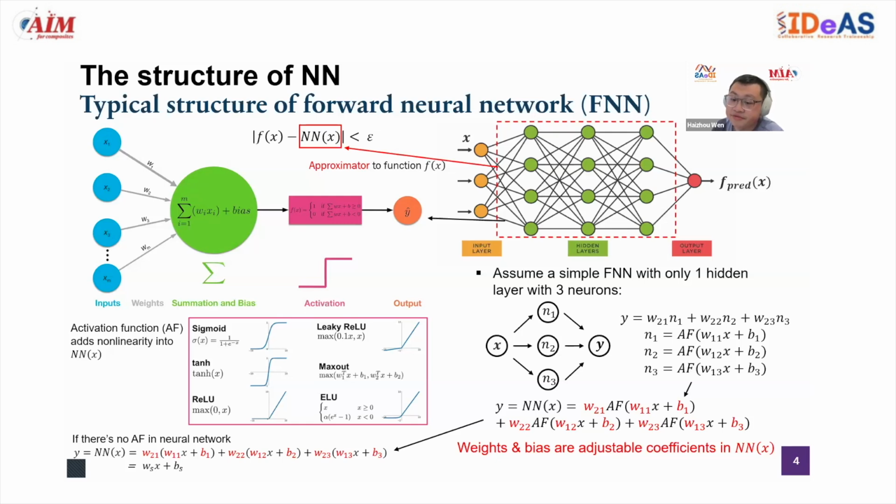So when the NN involves more hidden layers or neurons, the NN provides no unique approximation, but a polynomial approximation if there is no activation function at all. So that's why the activation function is very important, and different specific tasks may require different activation functions.